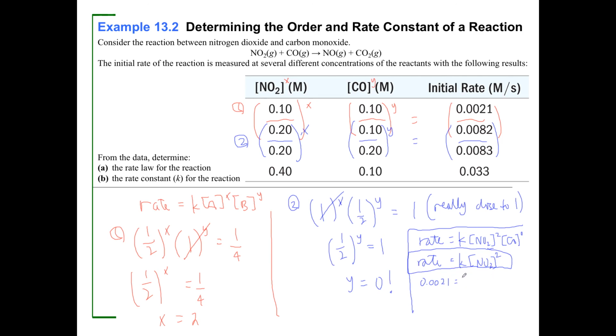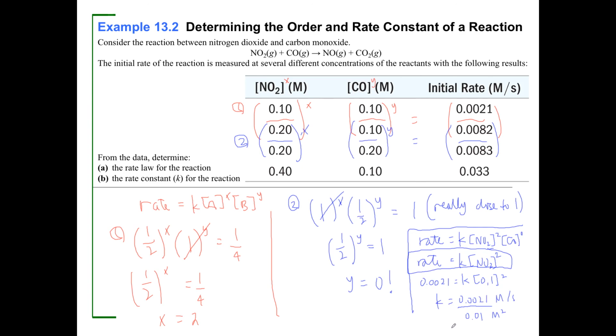0.0021 equals k times the concentration here, 0.1 squared. Can you see that? Then k is going to be 0.0021. I'm going to put the units in now. Molars per second over molar squared, and it was 0.1, so it was 0.01.